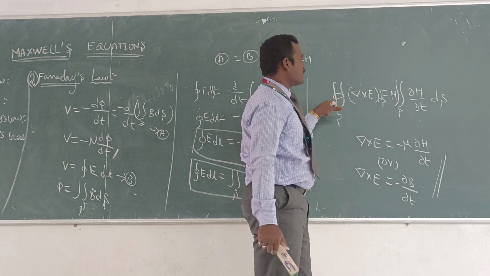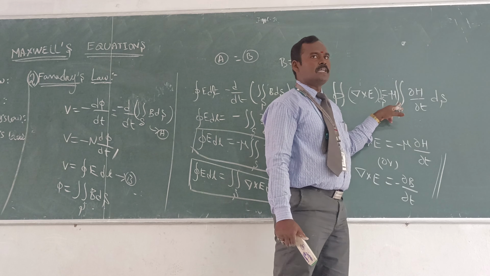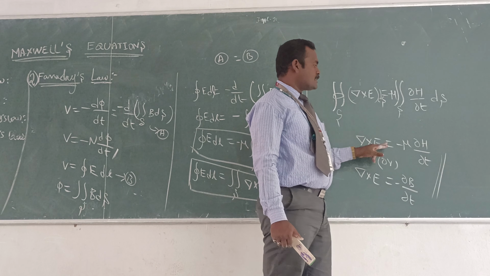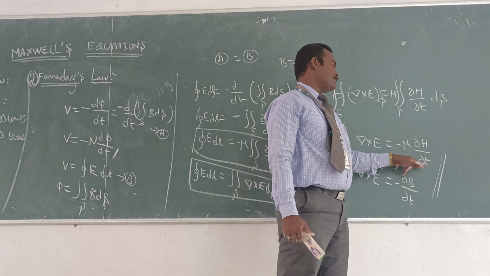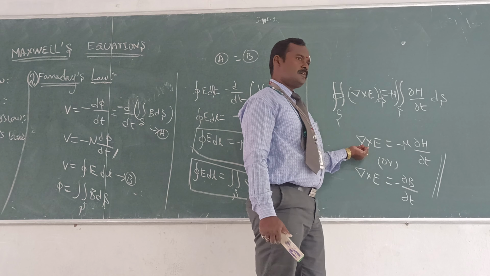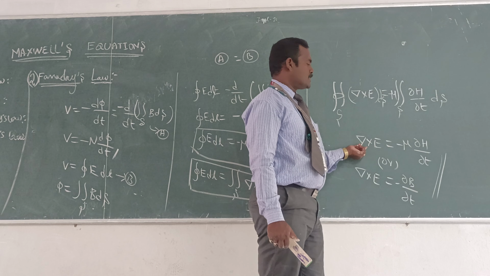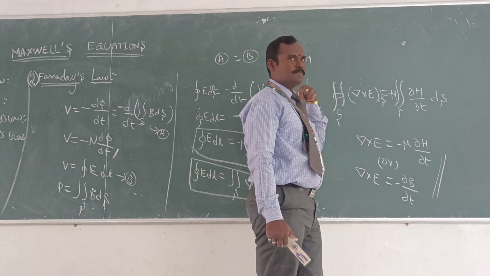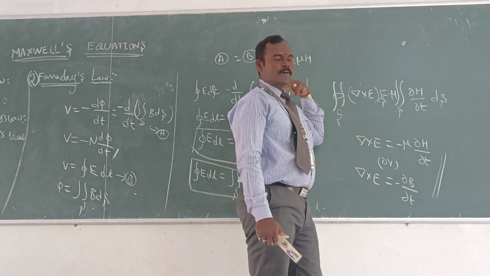On both sides the surface integral is common, so you can eliminate it, and del cross E becomes minus μ into ∂H by ∂t. That is the point form of Maxwell's equation from Faraday's law.